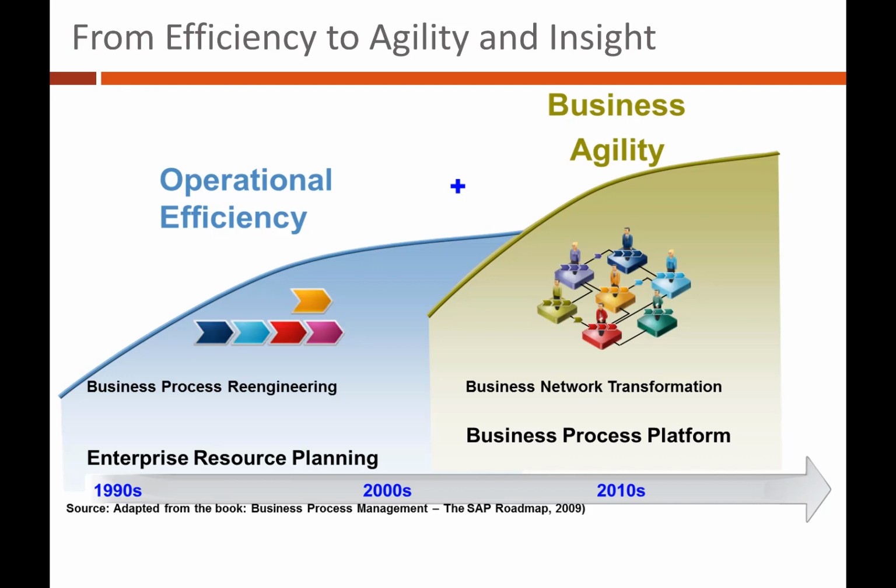The dominant IT players in this era have moved beyond focusing on operational efficiency and business process engineering. Now they are what we were just talking about: we need to figure out how to be agile.